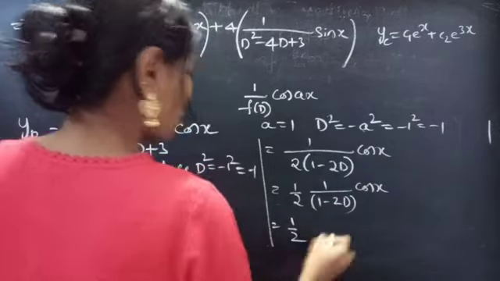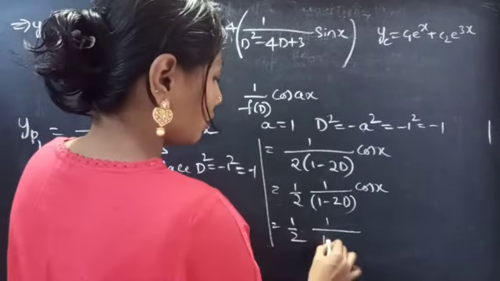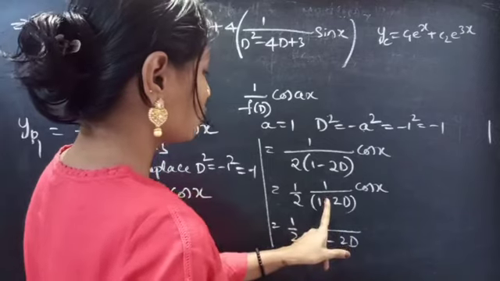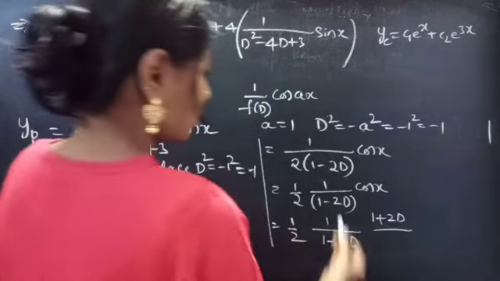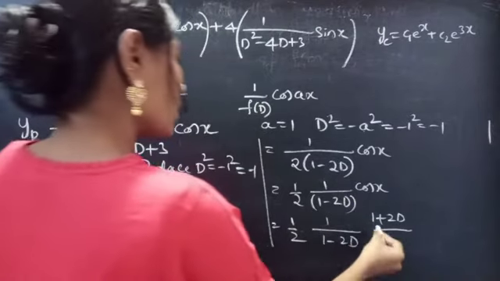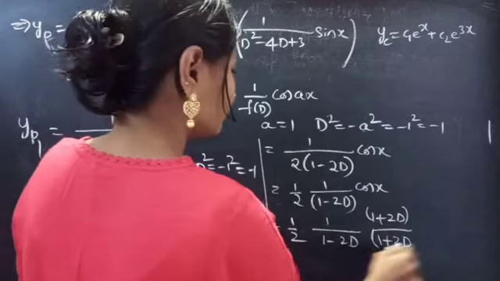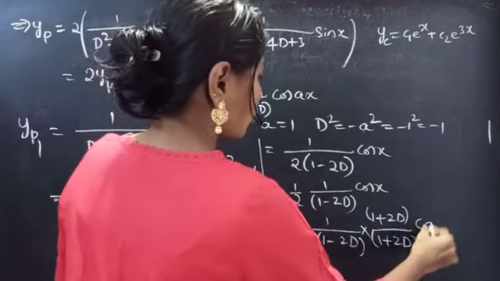If you notice, you are having 1 minus 2d in the denominator, right? If you just change this minus to plus, you'll get 1 plus 2d. Now multiply and divide 1 plus 2d to this fraction, into cos x.